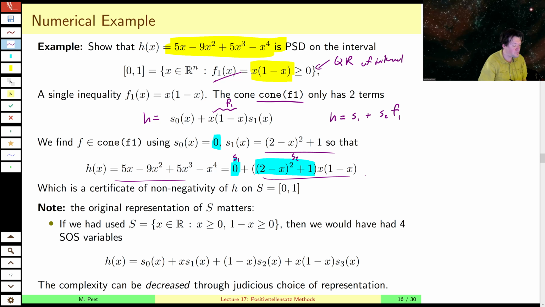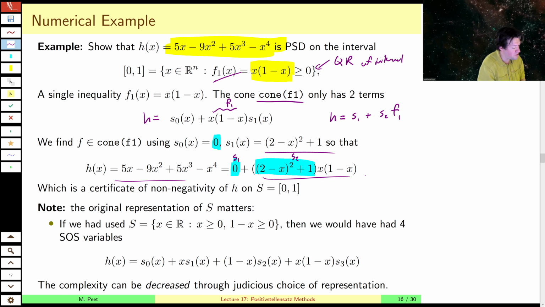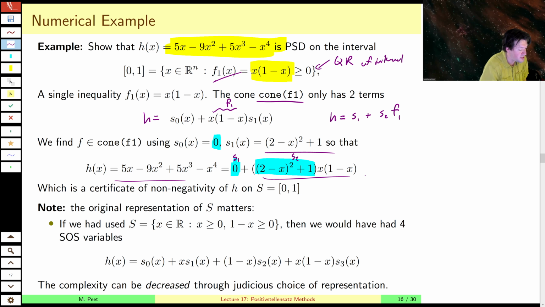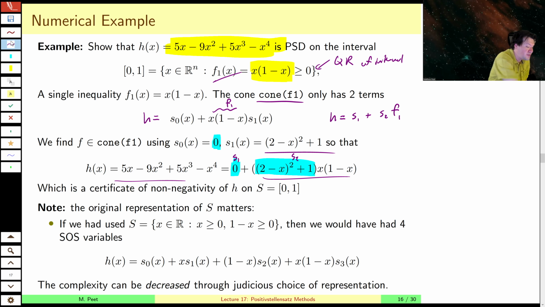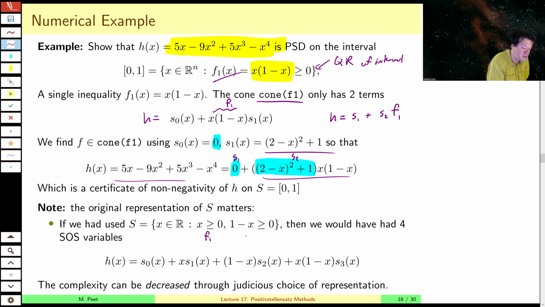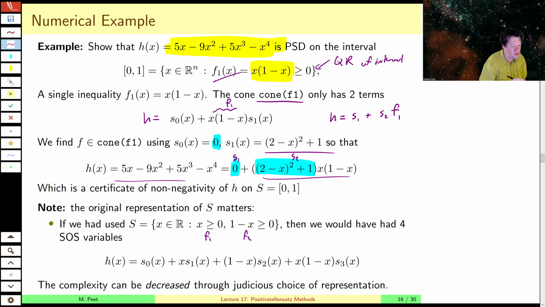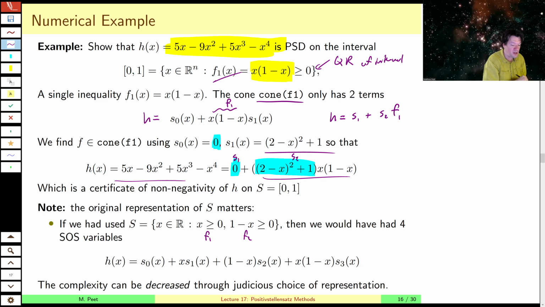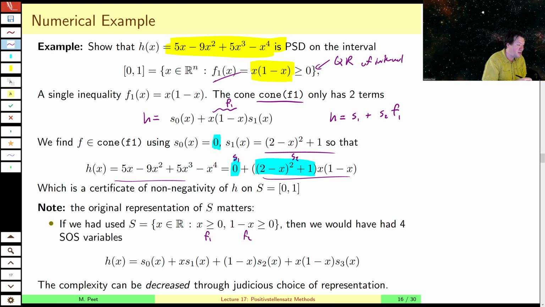Note that, of course, if we had used the linear representation of the same set, we would have had two valid inequalities, F1 and F2, which would dramatically increase the number of terms in our SOS problem.